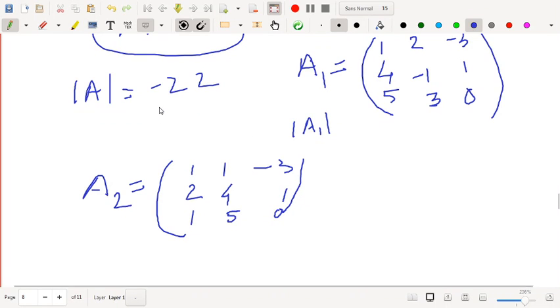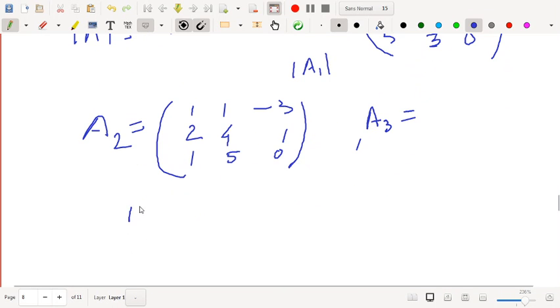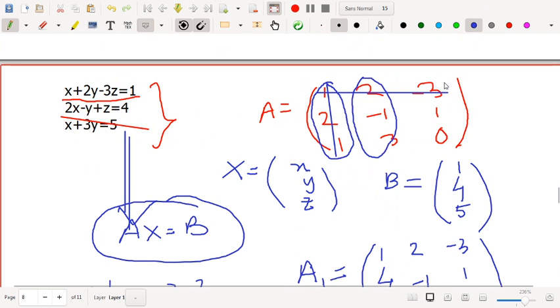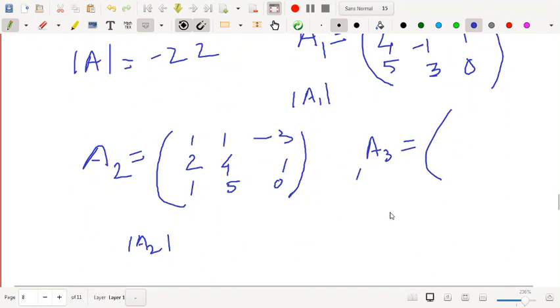So this is how you will write A2, and similarly you can calculate the determinant of A2, and you can calculate A3 by replacing the third column by this B matrix, and you will get the determinant of A3, right.